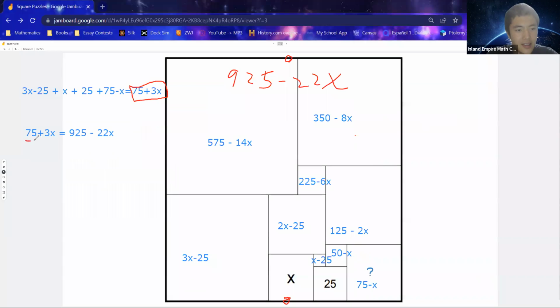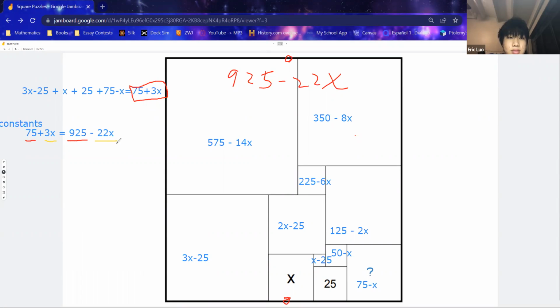We have constants, which are numbers like these, 925, 75, 325, 6, 125, all of these are numbers. And in algebra, they are called constants. I'm going to type it right here. And we also have this other type of term that has x's in it, like minus 22x and 3x.